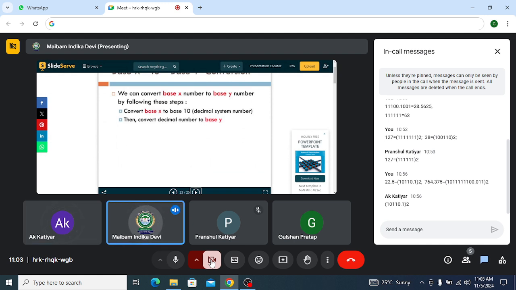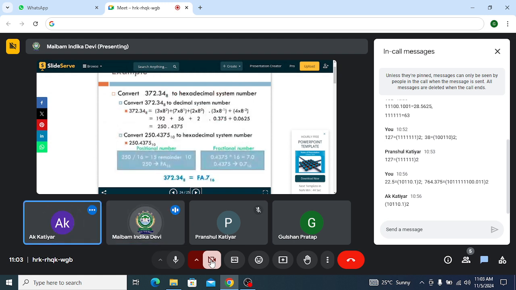So that is the process I'm telling. We are taking an example here. If in the exam a question comes like convert from octal to hexadecimal number, we haven't done how to do it. So the process is first convert this octal to decimal. Conversion from octal to decimal we have done, right? So convert this octal to decimal.